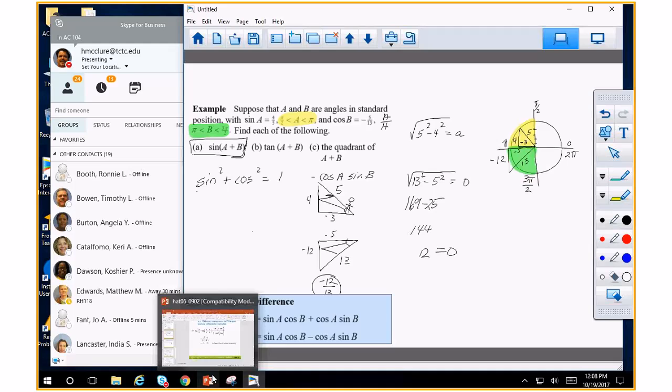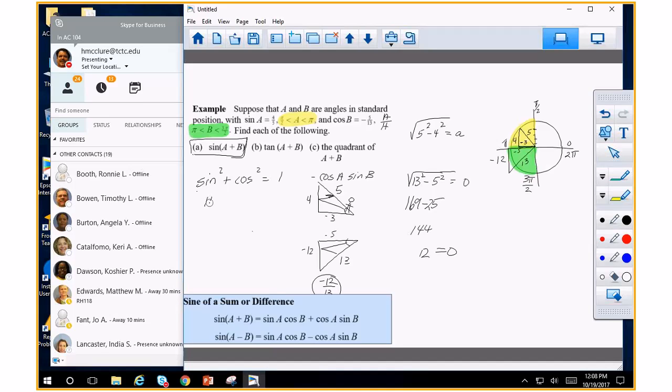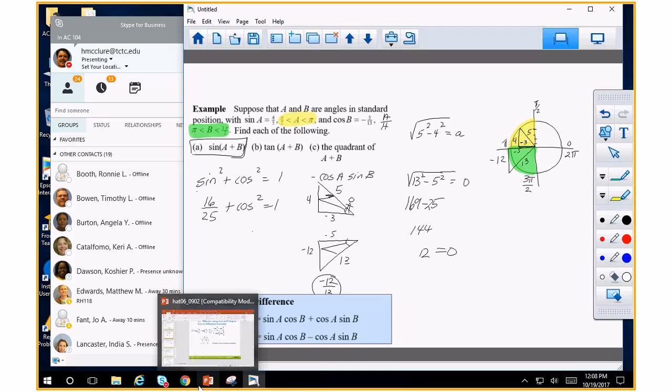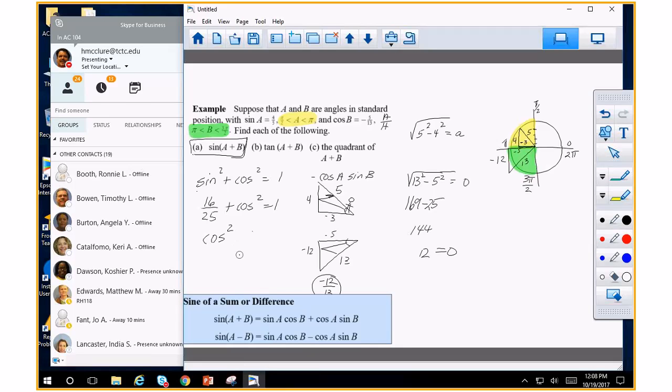We already have the sine. The sine of A is equal to what? 4/5. But if you square it, what do you get? 16 over what? 25. Plus cosine squared is equal to 1. Now solve for cosine. Cosine squared is equal to 1 minus 16 over 25.